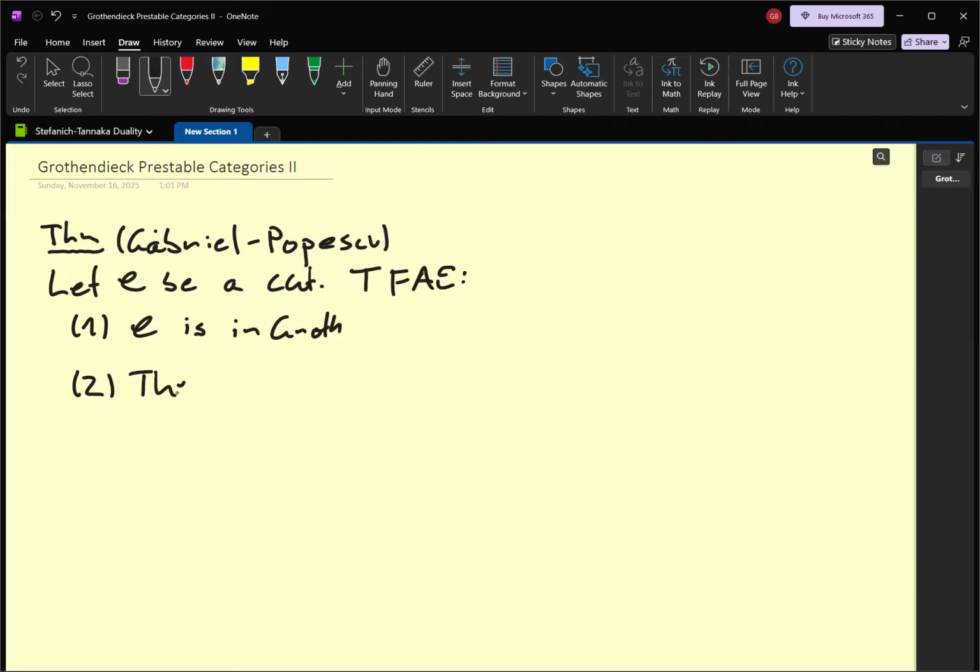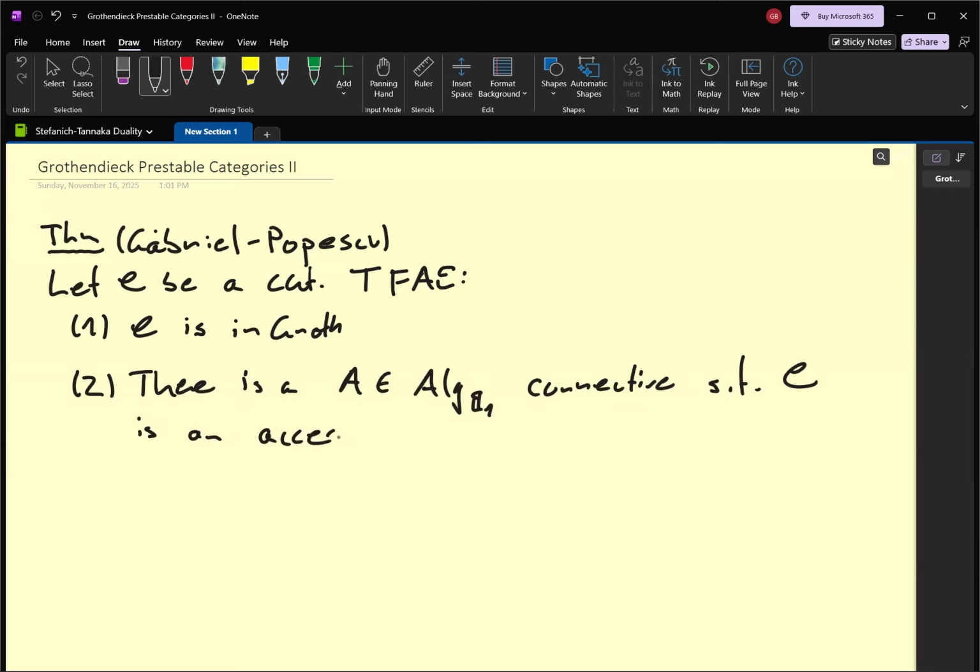So there is an E1 algebra, connective, such that C is an accessible left exact localization of R-mod, connective right modules.